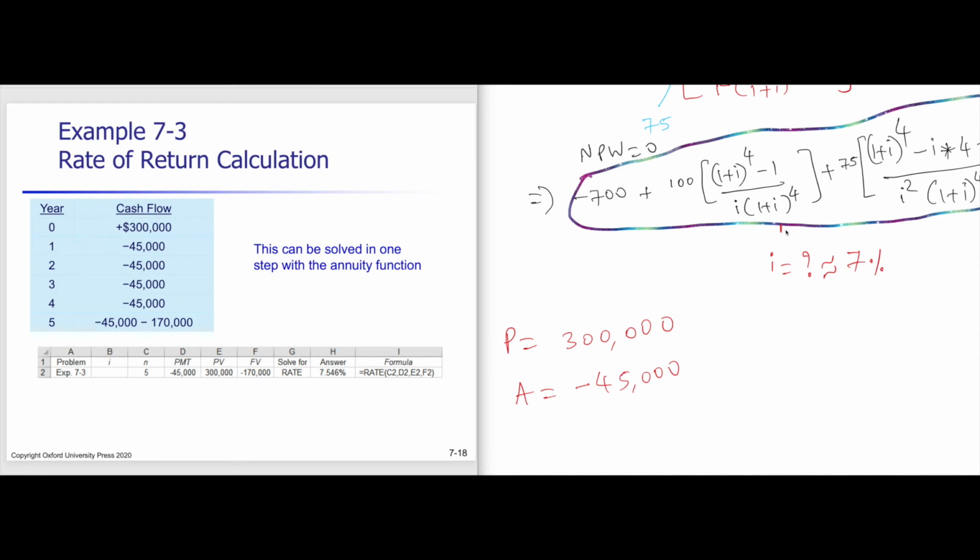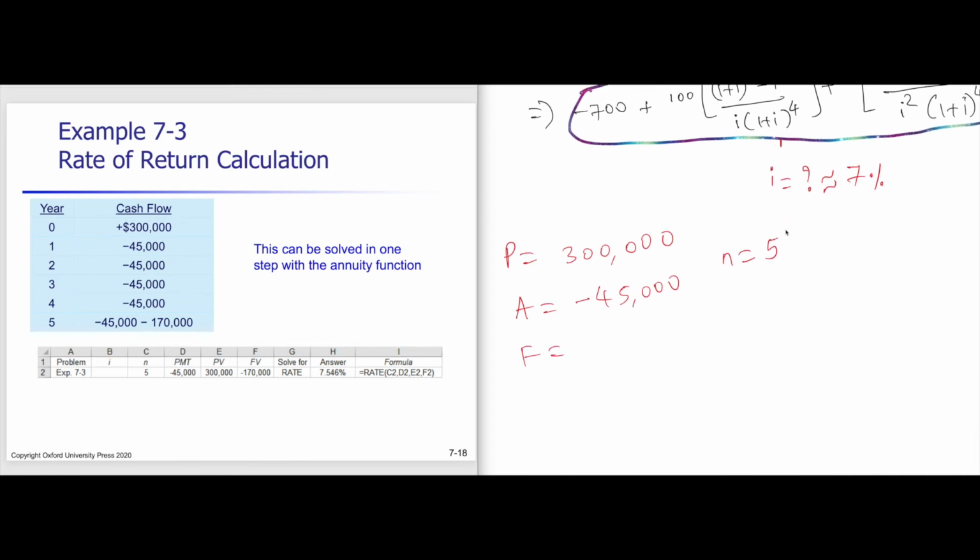Then at the end of 5th year, N is 5, and the future value is negative 170,000, right? So for this cash flow, what is I? If you identify what is what parameter, we can solve the problem.